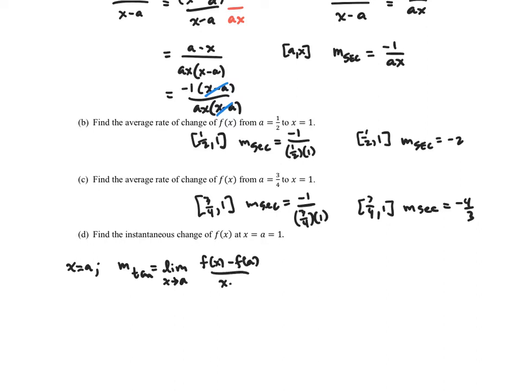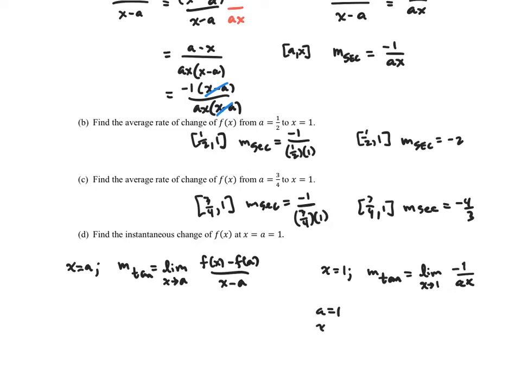So in the case of our function at x equals 1, okay, that's our a value, we would find the slope of the tangent line by taking the limit as x approaches 1 of -1 over ax. Well, I know that a equals 1. I'm given that.